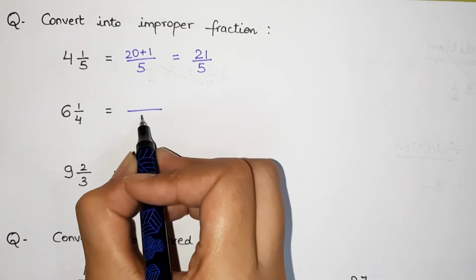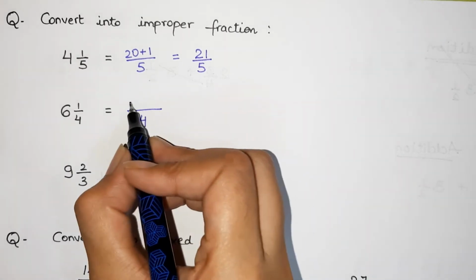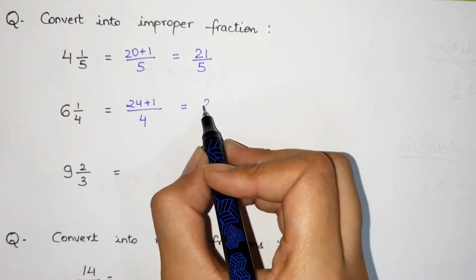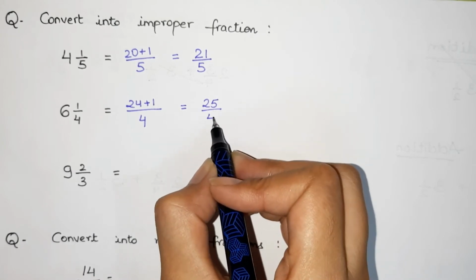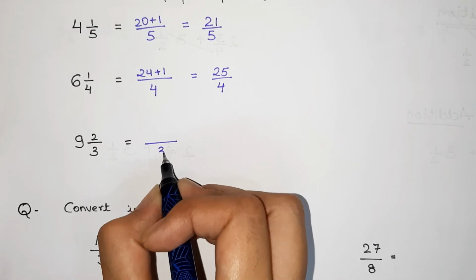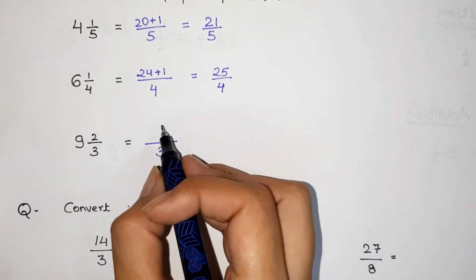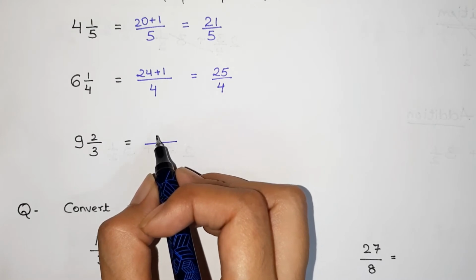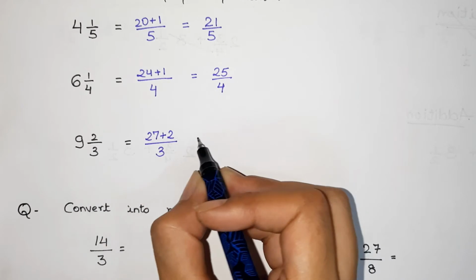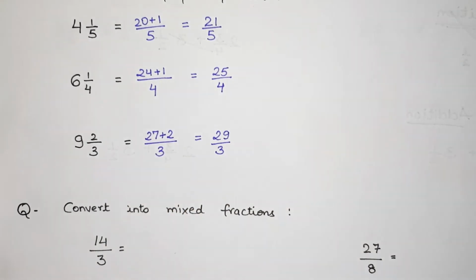Next, denominator is 4. 6 4s are 24 plus 1, 25 by 4. Next, denominator is 3. 3 multiplied by 9 is 27 plus 2. Answer becomes 29 by 3.